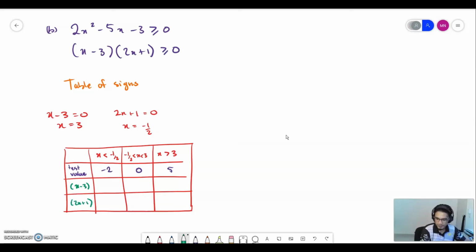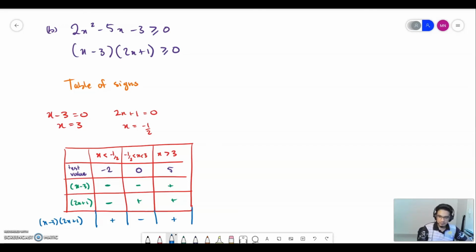We substitute our test value into each factor and see whether it is a positive or a negative number. For x minus 3 we have a negative, negative, then a positive. For 2x plus 1 we have a negative, a positive, then also a positive. For the last row we have the multiplication of those two signs, which gives a positive, negative, then a positive.